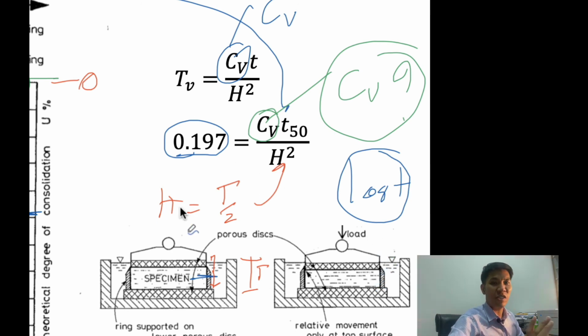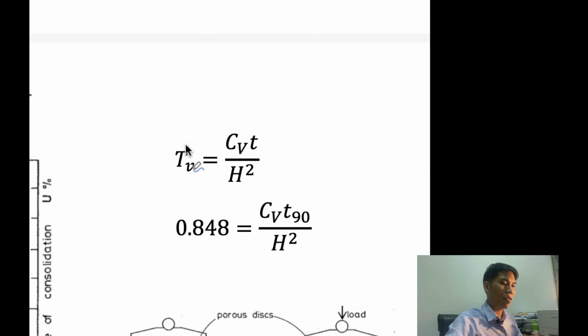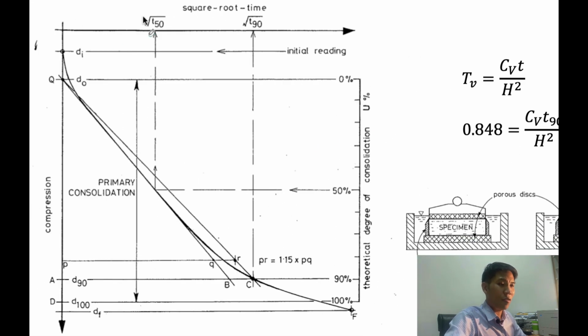If you cannot catch this one, you can replay the clip and you can see. I hope you can understand how to obtain the value for CV. The other one is the CV for root time. Instead of plotting with log time, you plot the square root of time. The x-axis is root time, the y-axis is the compression.